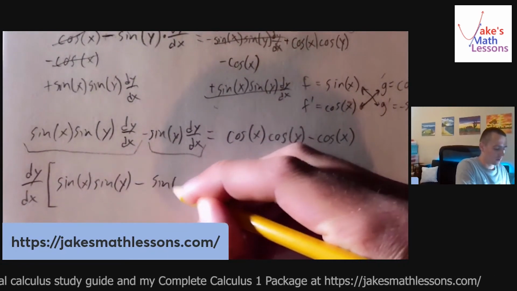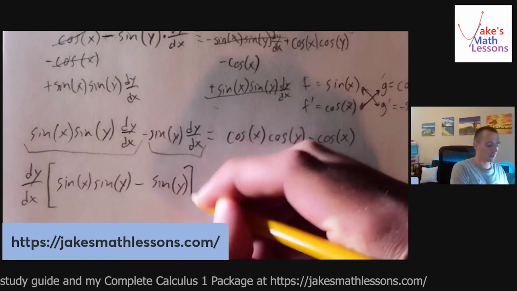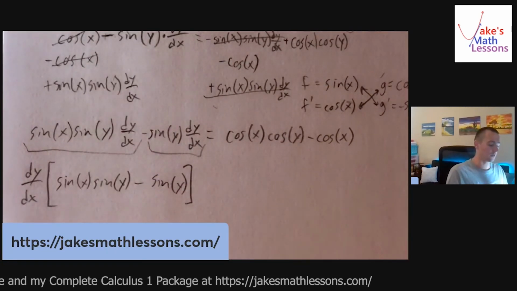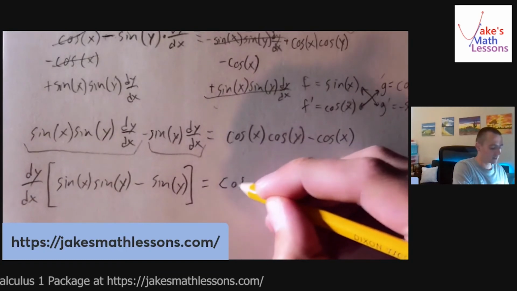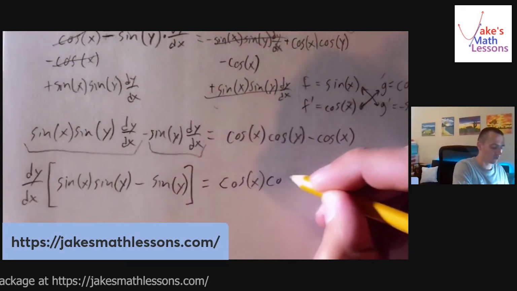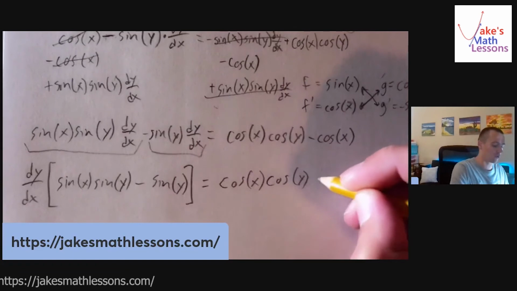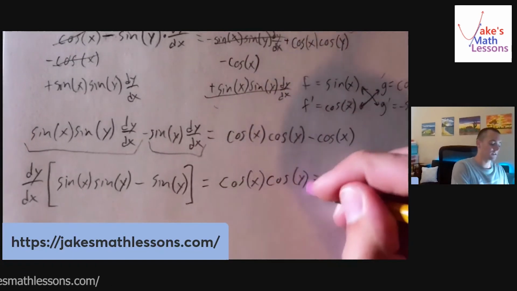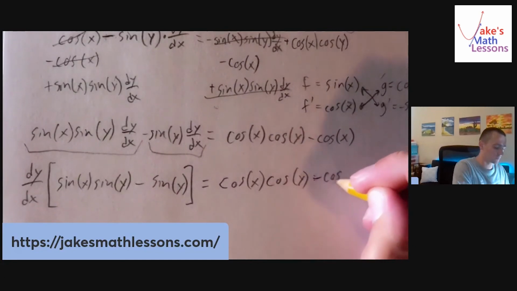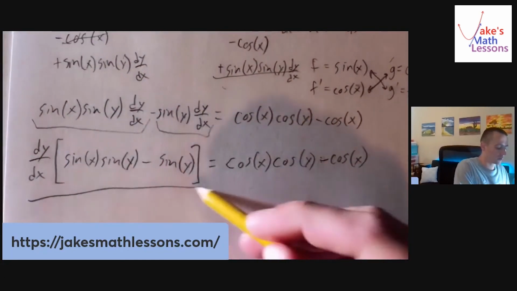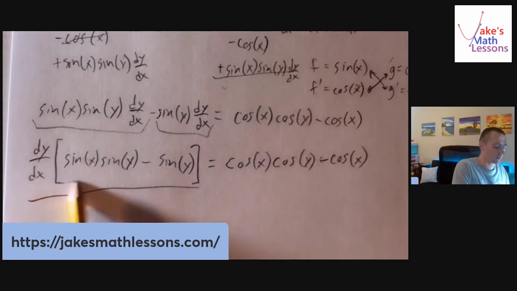That's just going to leave us with dy dx times sine of x times sine of y minus sine of y. The reason why it's important to get to the point where we only have one dy dx is because what we're going to be able to do next is move all of the other stuff over to the other side of the equation, which gives us one dy dx all by itself on one side. So now we can divide both sides by all of the stuff that we have in the brackets here.